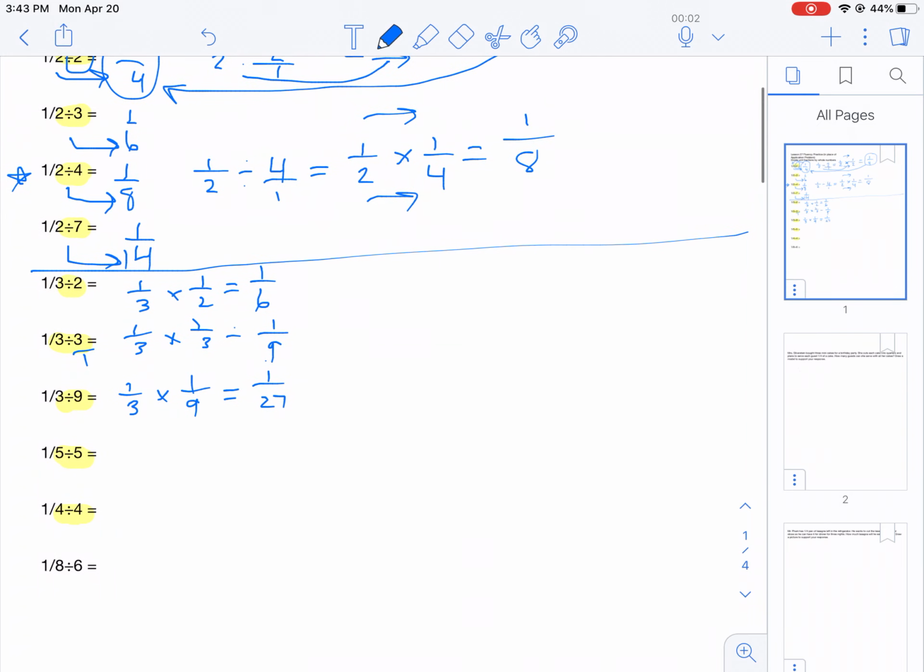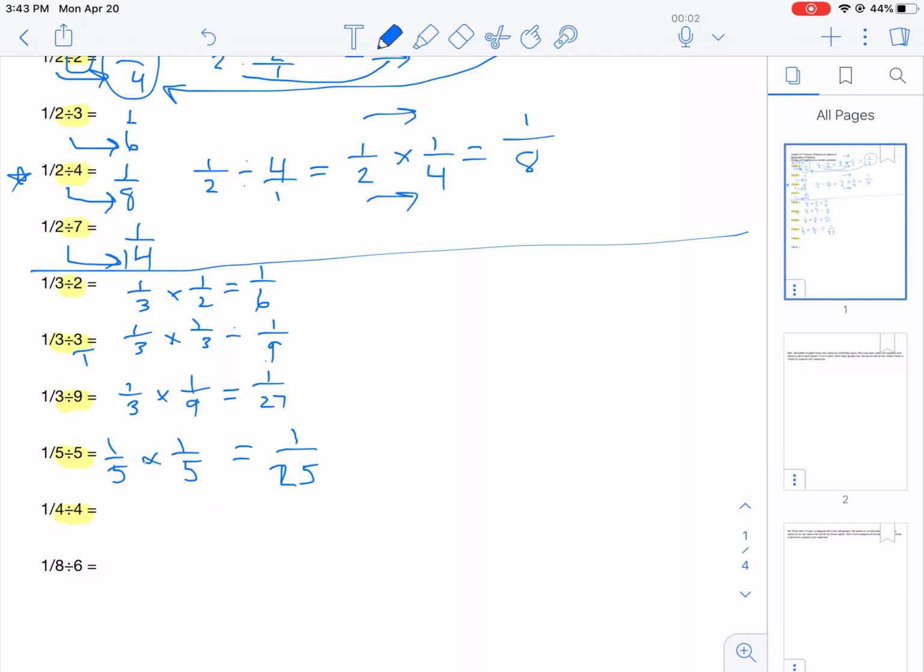1/5 divided by 5 is the same thing as saying 1/5 times 1/5, which equals 1/25. 5 times 5 is 25. So remember that strategy.